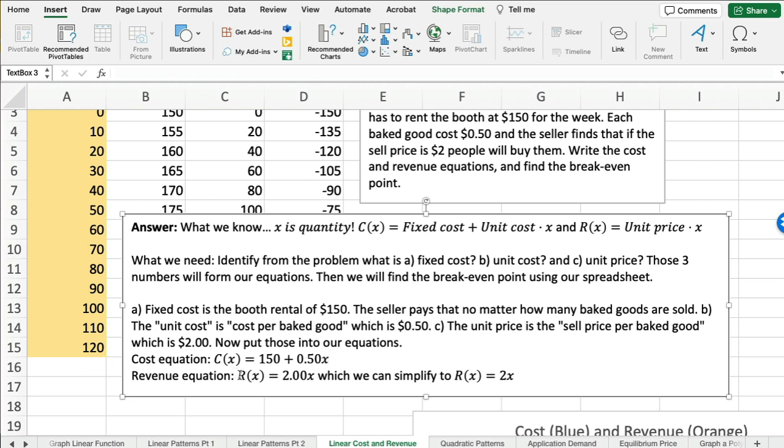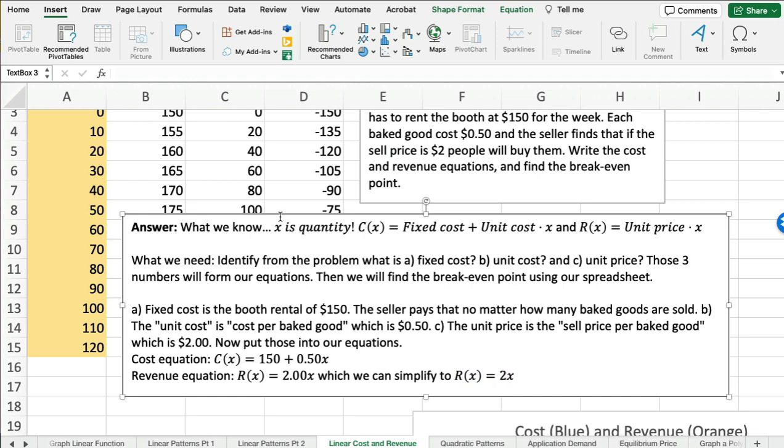The revenue equation, capital R of X, is equal to 2.00 times X. Again, that's just a reminder that we're dealing with dollars and cents. But you can simplify capital R of X to just equal 2X if you want. So those are our two equations, and those are literally going to be what we type into those columns in our spreadsheet for cost and revenue.